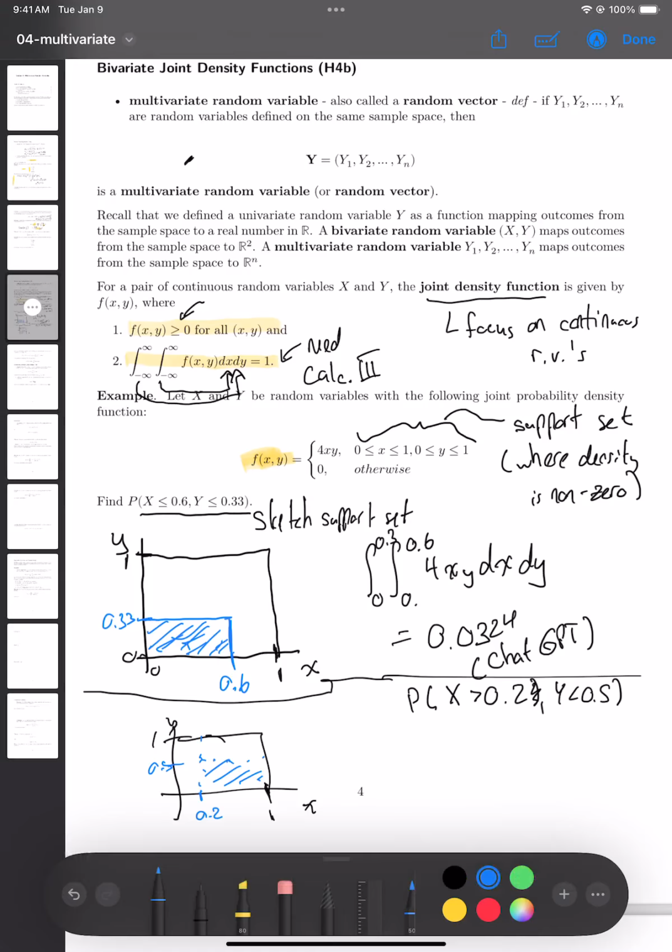I'm going to set up my double integral again. And just to show something different, I'm going to integrate with respect to y first. There will be times in class that we'll see that it'll be easier to integrate with respect to one over the other first, but it does not really matter for a final answer.